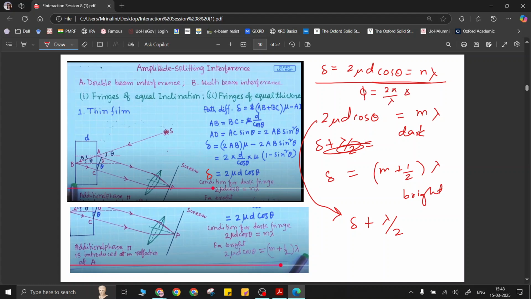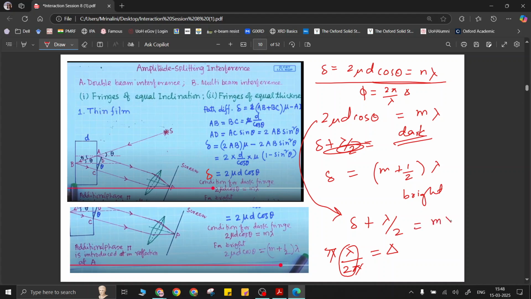If it gets an extra pi phase, then the path difference will be lambda by 2. So for dark fringe, this extra path difference will come.